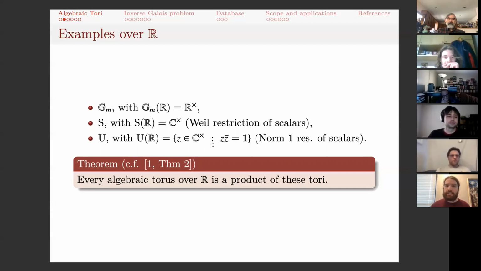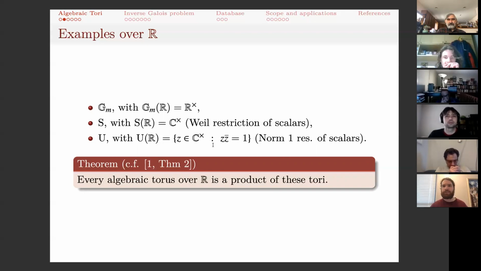The second is the Weil restriction of scalars from C of the split torus over C. So this is now a 2-dimensional torus over the real numbers, and its R points are C cross. And the third: that's a 2-dimensional torus, and it has a one-dimensional subtorus sitting inside it, namely the norm 1 elements. So those elements of C cross where z z-bar is equal to 1.